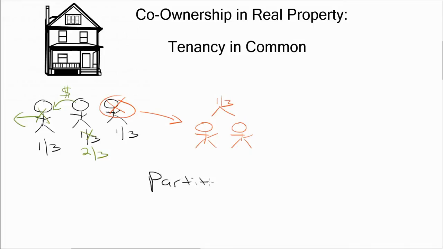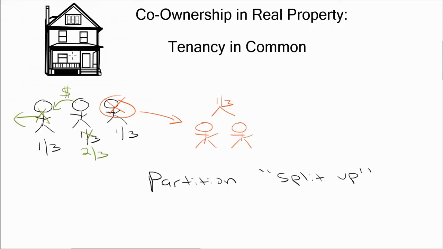Partition is the idea of splitting up a property. What we've seen here is some partition, where different heirs are selling different interests to others. But really what partition is for, especially the more co-owners that you have, is the right of partition if they cannot decide what to do with the house.